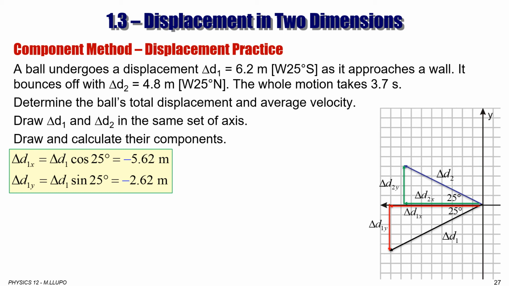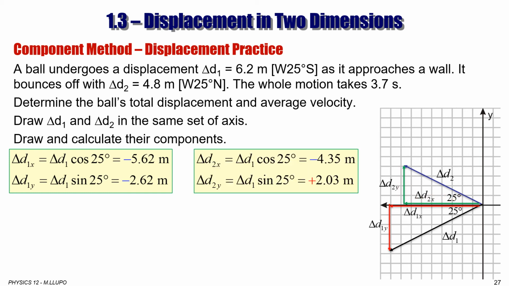For ΔD2, it is in the second quadrant. So clearly ΔD2y is positive and ΔD2x is negative. So that's what we do. Calculate ΔD2x and ΔD2y, where ΔD2x is adjacent to this angle of 25°, and ΔD2y is in front of that angle, facing that angle.